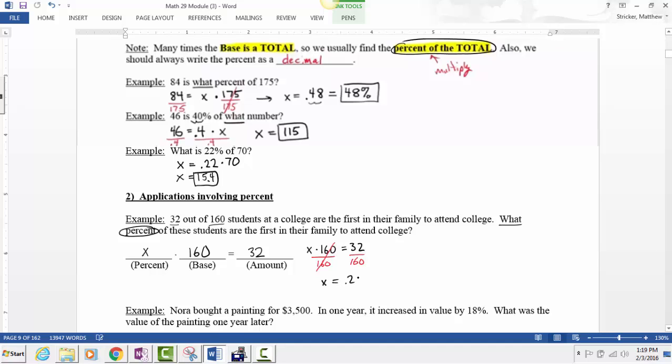Of course, remember that needs to be in percent form, so this is 20%. So 20% of the students are the first in their family to attend college.